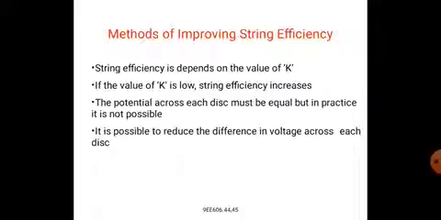So what does string efficiency mean? String efficiency is equal to the spark over voltage of the insulators, that is phase voltage, divided by the number of discs times the maximum voltage at a disc. Also, M is equal to mutual capacitance by capacitance to ground.